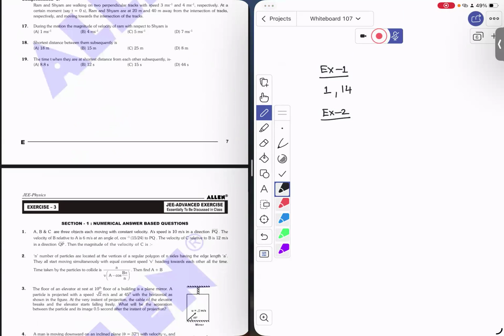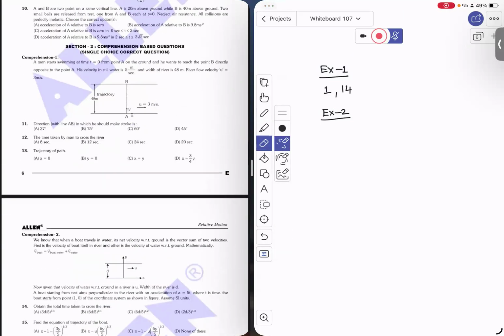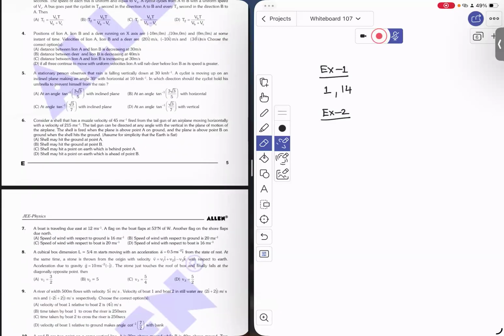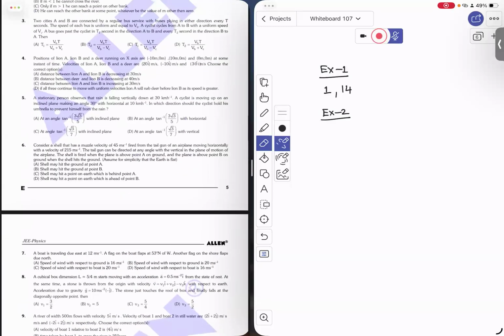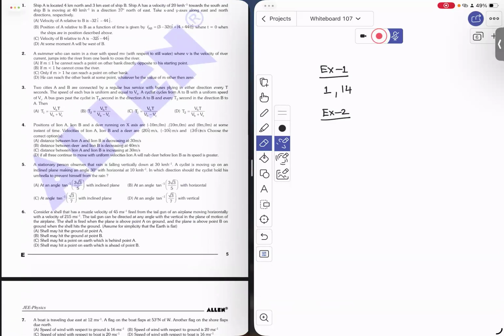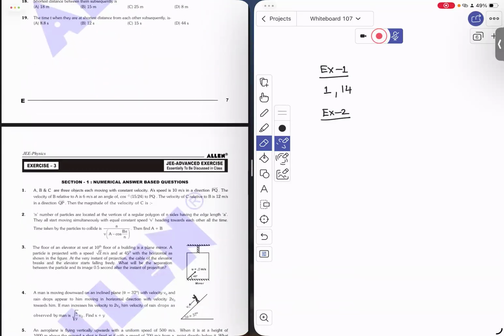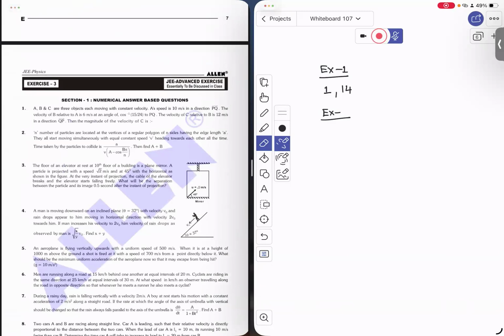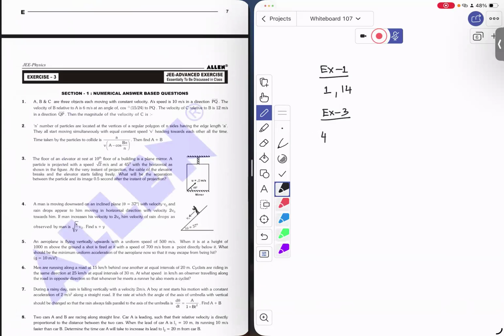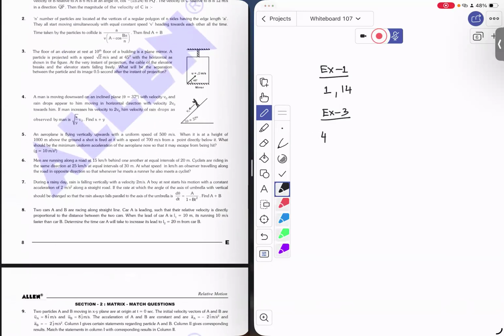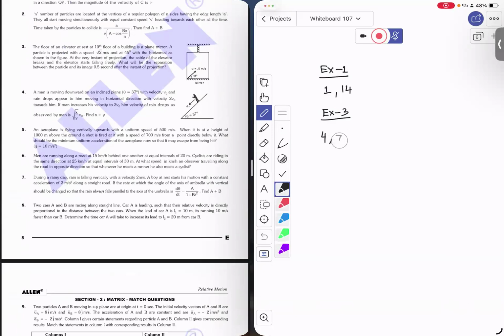No questions of Rainman in exercise 2. Let me check it once more. Exercise 3 we have. Exercise 3, question number 4 and question number 7.